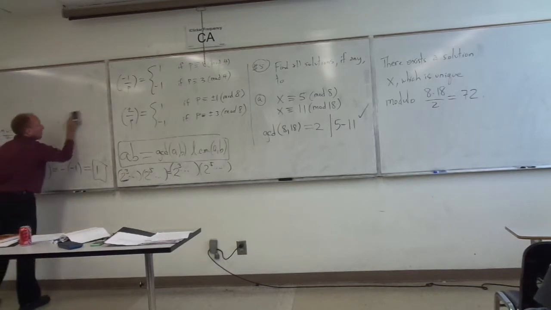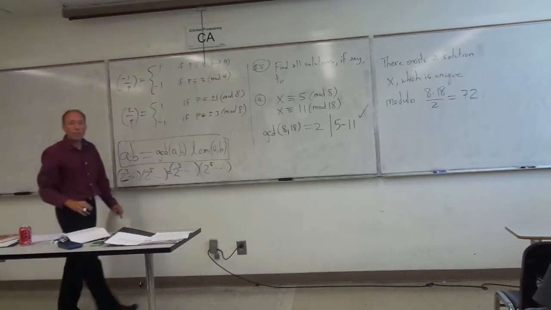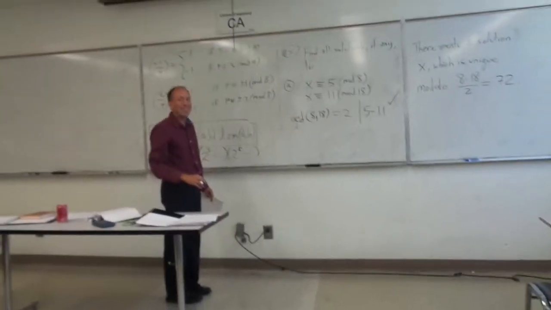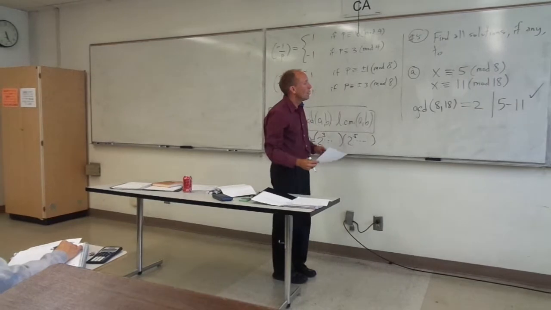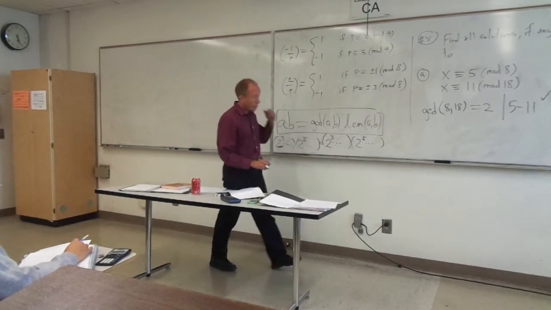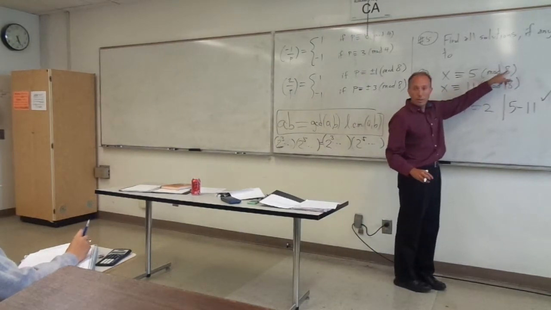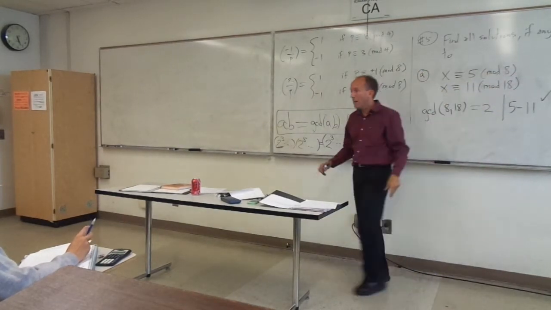Okay, so now we have to actually come up with the solution. Now that we know that there is a unique solution mod 72, we have to come up with what the solution is. The way to do that, if you remember, is you have to write the GCD as a linear combination. So the D has to be written as a linear combination of 8 and 18.